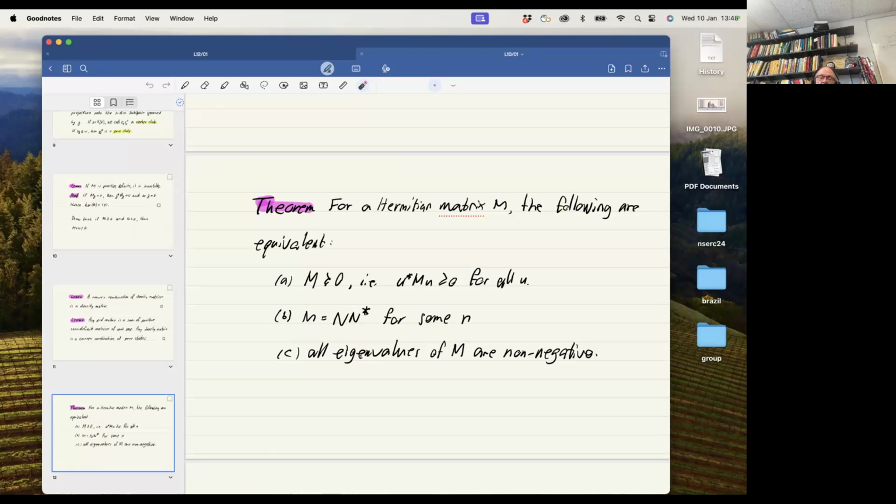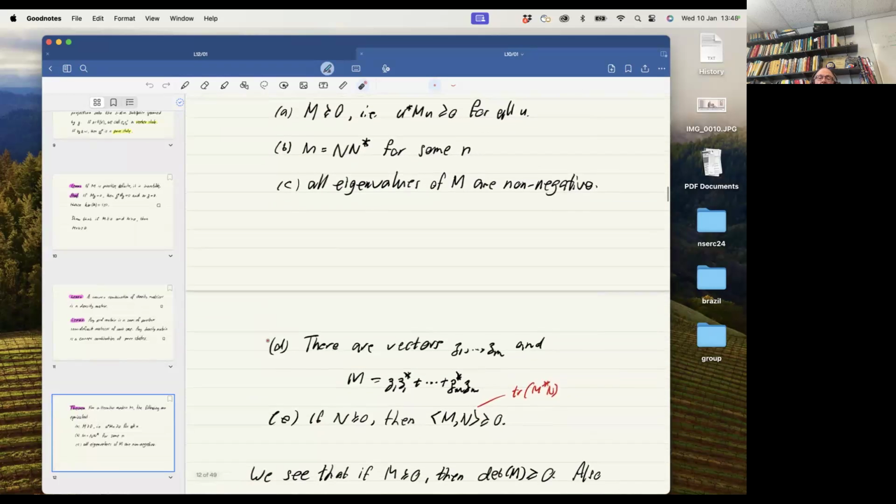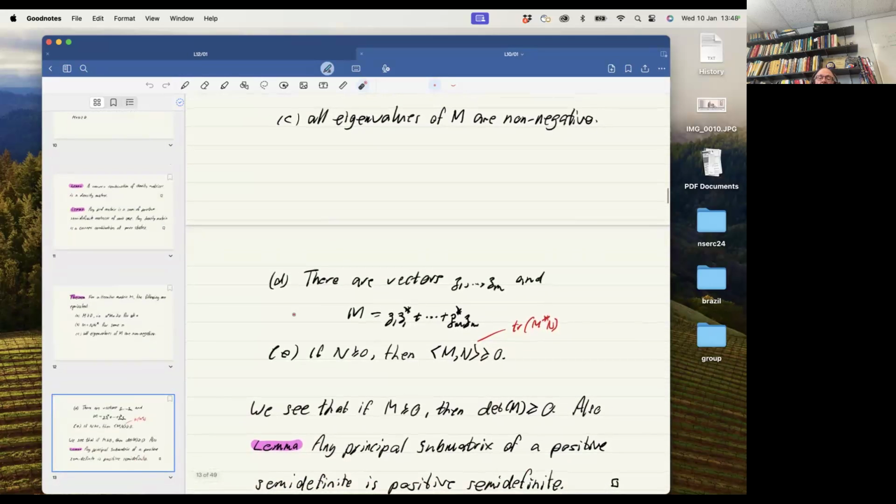So together we've got the definition, this factorization, and the fact the eigenvalues are non-negative. There's 1 or 2 more to come, but they're certainly important properties. If you're trying to prove things about positive semi-definite matrices, you've always got at least these 3 choices. Now, the factorization is just saying that M is a sum of rank 1 matrices.